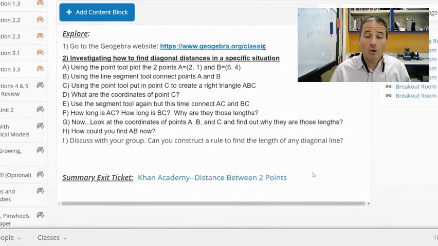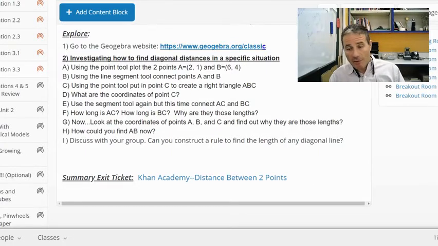We had our class discussion, where we walked through it on the GeoGebra board. Hopefully you made some progress on that. Lastly, we got to our summary ticket, which gave you those points and asked you to utilize that. It's possible you recreated a right triangle and fell back to the Pythagorean theorem. That's great.